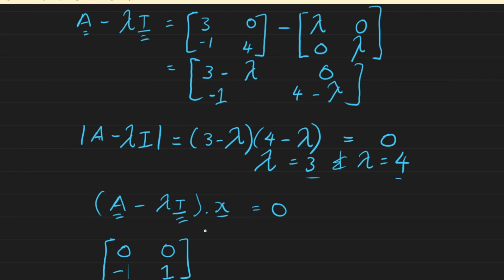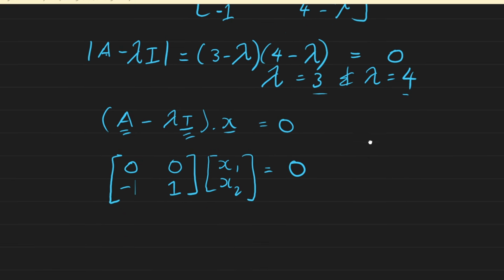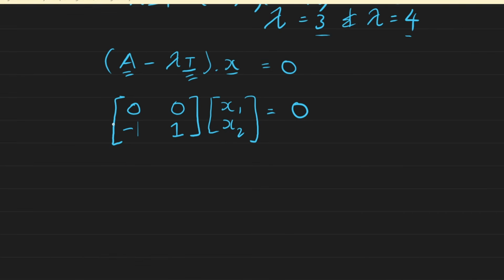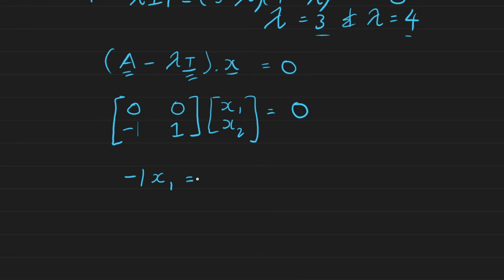And what we're determining is x, the eigenvector. So we have x1, x2, and that's equal to 0. Since this first row is equal to 0, that's just a trivial solution, so it doesn't really help us in any way. So we can now look at the second row, and the second row says that minus 1 times x1 is equal to minus x2.